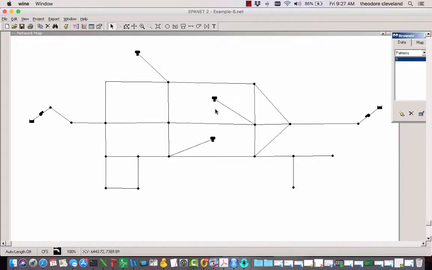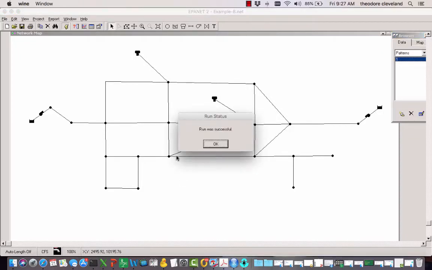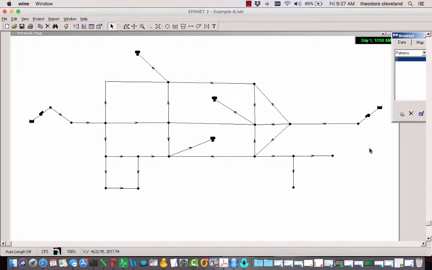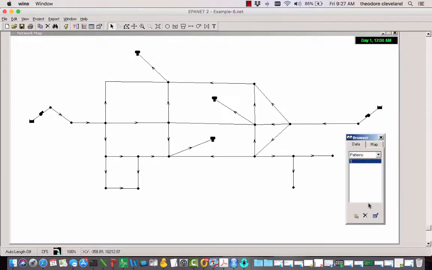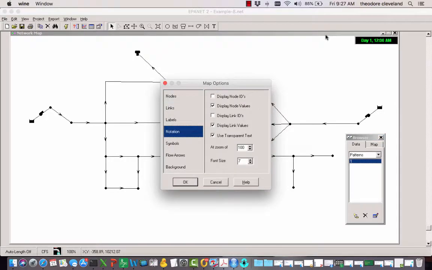Okay, so if I run it, I'm not sure if this will run or generate an error. Oh, it did run successfully. So if we look at hour 1, there's the simulation. I'll go ahead and pull up some options and flow.